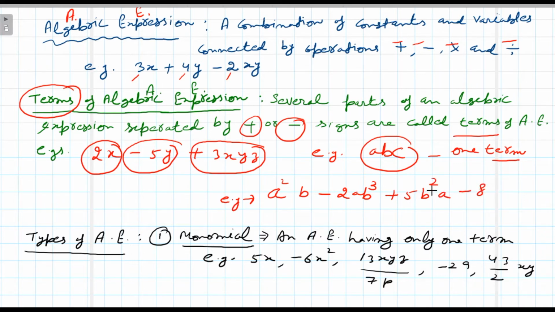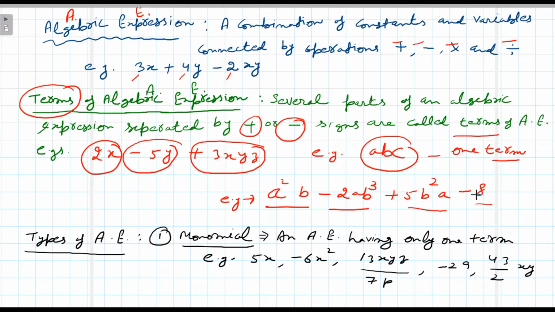How many terms does it have? It has 4 terms, which are A square B, minus 2AB cube, plus 5B square A, and minus 8. So students, how many terms does it have? It has 4 terms, 1, 2, 3 and 4, right? A square B minus 2AB cube plus 5B square A minus 8, right?